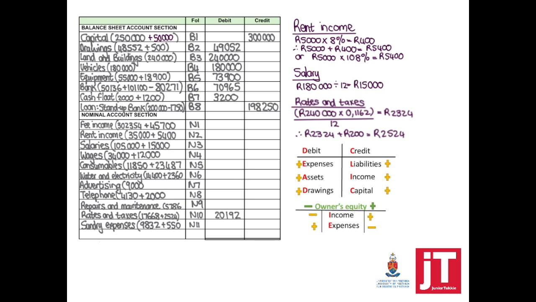198,250. Nominal account section. Fee income is an income on the credit side. My new total. So you just have to close the brackets and add it together. These are my figures, the balances and totals at the end of the month. Rent income, close the bracket. It's an income on the credit side.